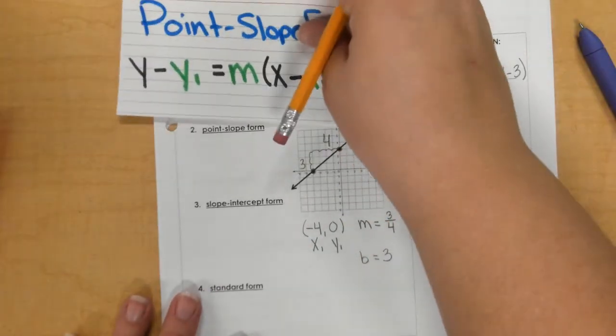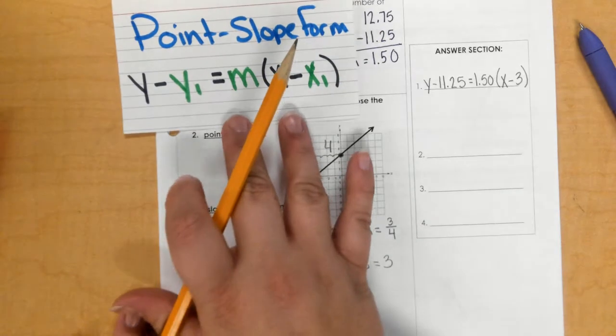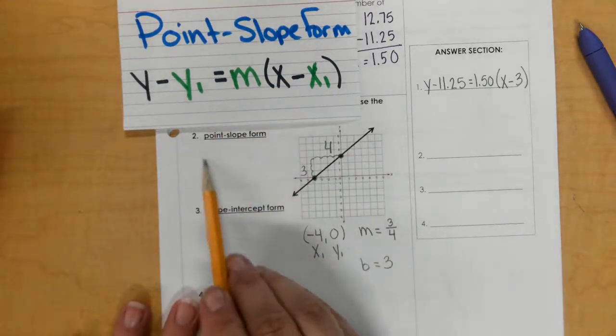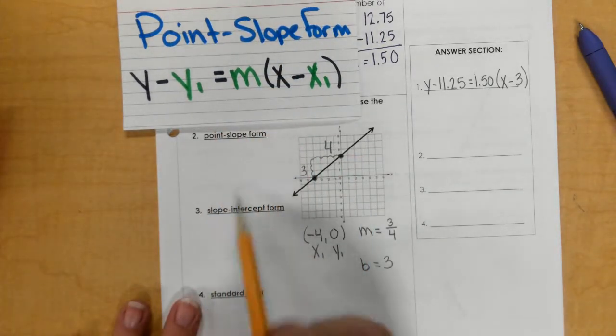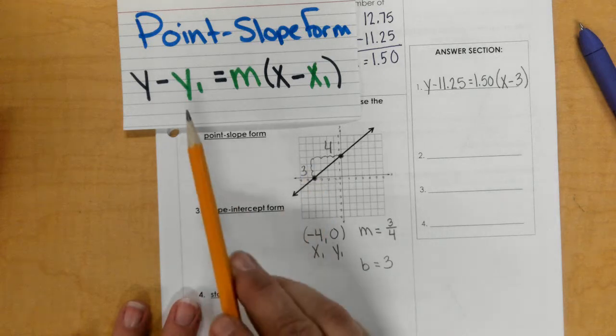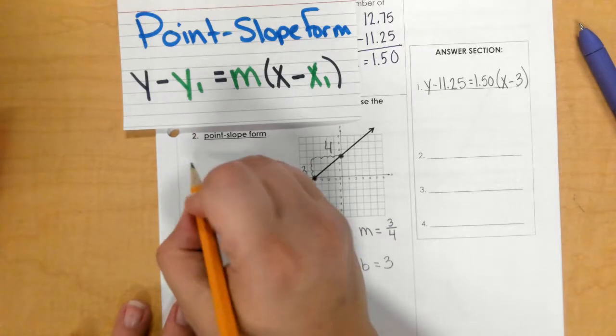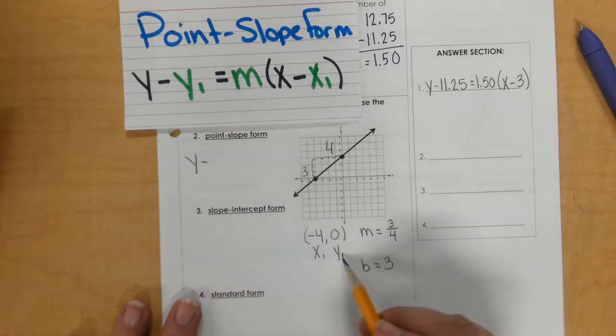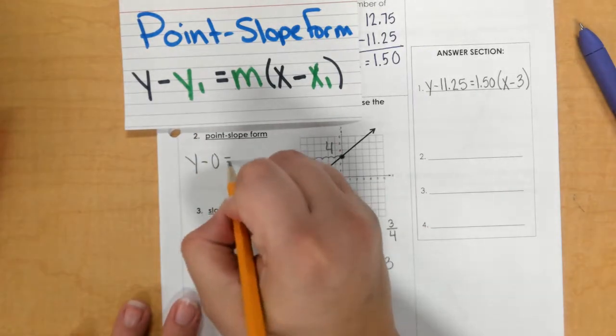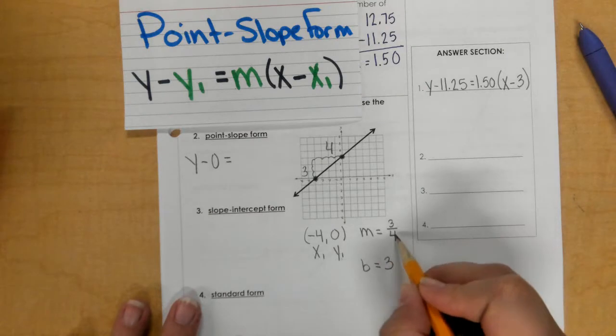So we look again at the point-slope form. It might be helpful to write that down and then plug in all your numbers. So the green letters here is what I'm plugging into. So I've got y minus y1. y1 is 0. My slope is 3/4.